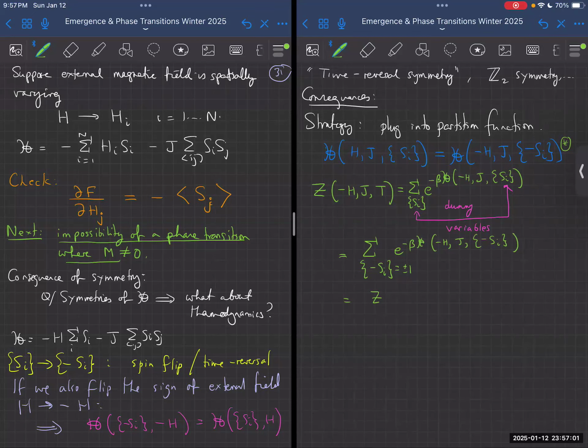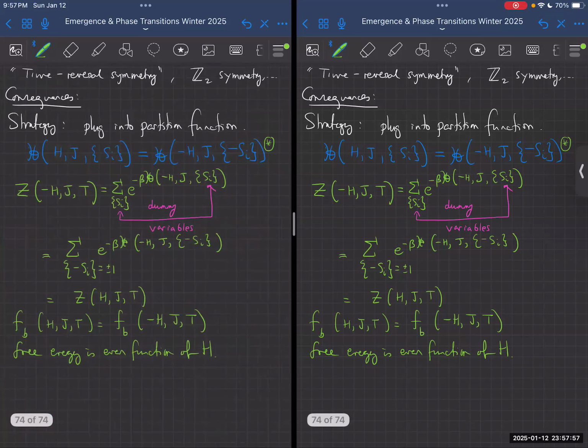This then is just the partition function of h, J, and T. And so what I've learned then is that F_b, the bulk free energy, of h, J, and T is F_b of minus h, J, and T. Okay, so basically the free energy is an even function. Okay, so that's an exact result.